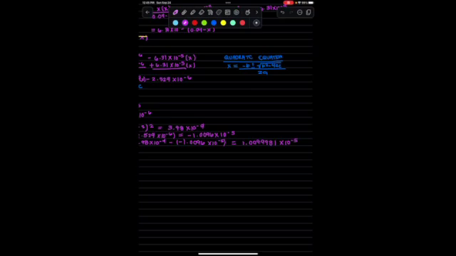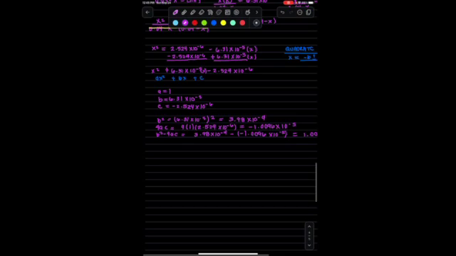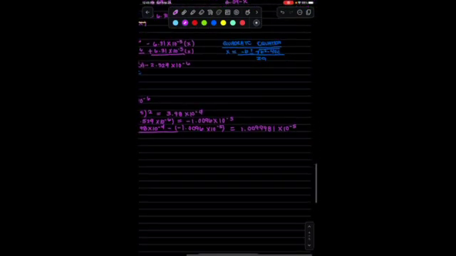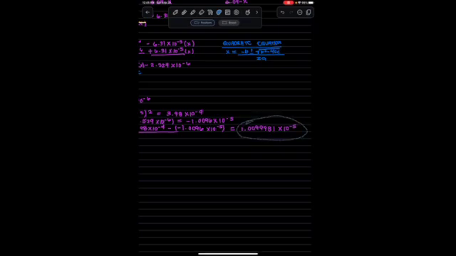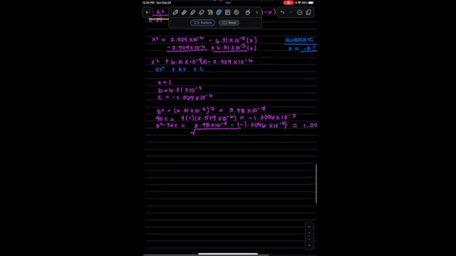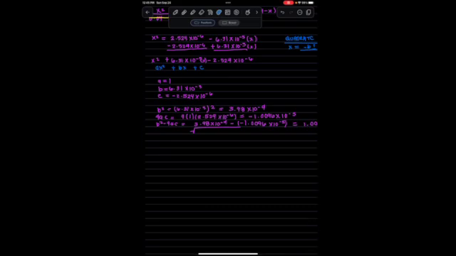Now we're going to take the square root of that number. So we're going to take the square root of that decimal, copy, paste, boom, like magic.